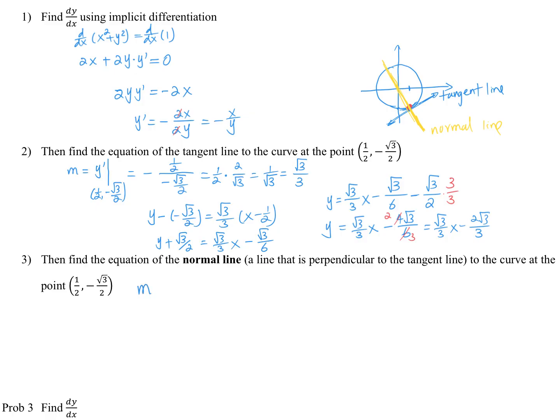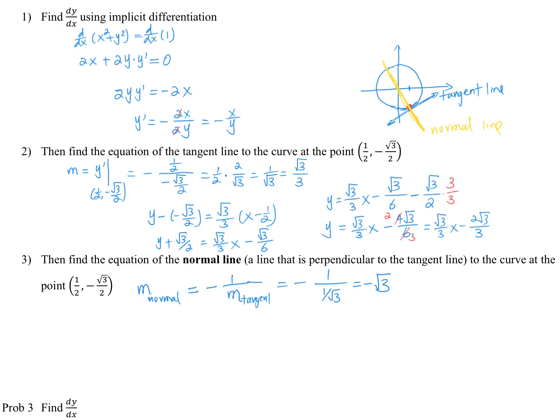So here the slope of the normal line is equal to, because it's perpendicular to the tangent line, it should be negative 1 over the slope of the tangent. And we already know the slope of the tangent, which we found earlier, 1 over square root of 3, right? So therefore 1 over the square root of 3 gives negative square root of 3. And it actually matches what we see here, the slope is negative.